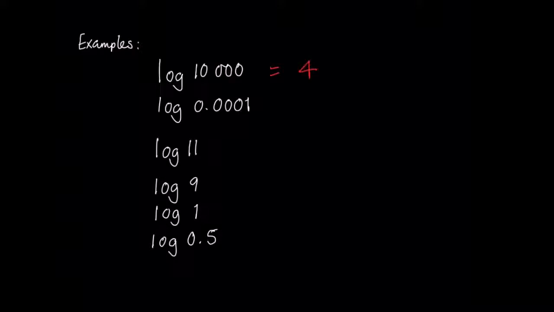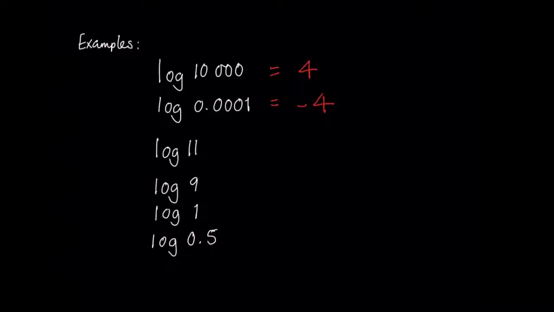In the second case, we've got log of 0.0001, but we know that 0.0001 is equal to 1 over 10,000, which is 10 to the power of minus 4. So we can write log of 0.0001 is equal to minus 4.